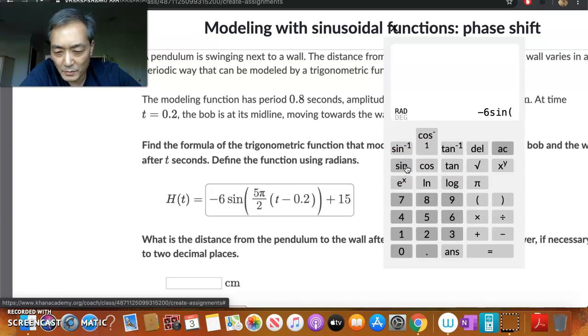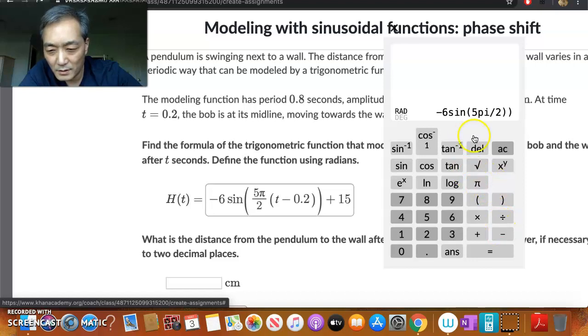Do they have a fraction bar? Wow, this is a really archaic calculator, huh? So we're going to do 5 pi divided by 2. Okay, and we'll put that back in parentheses like that.